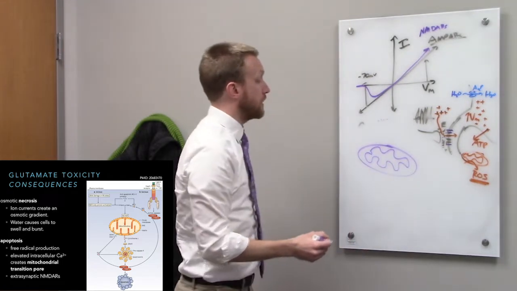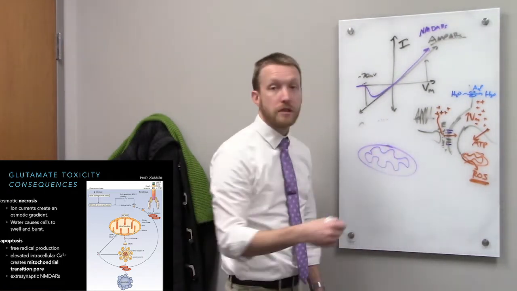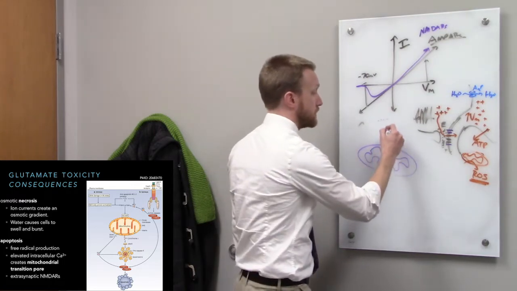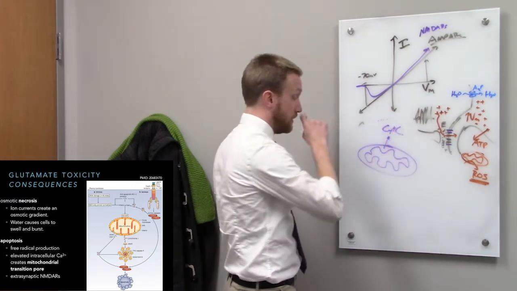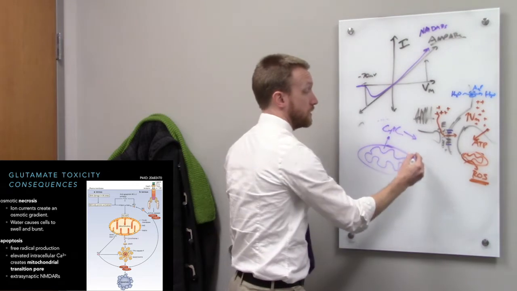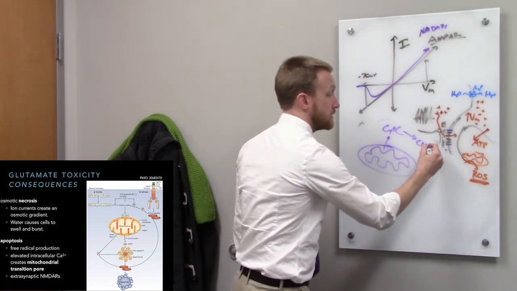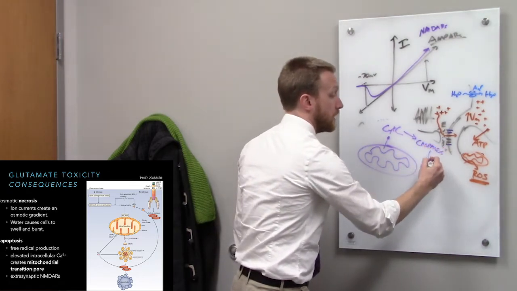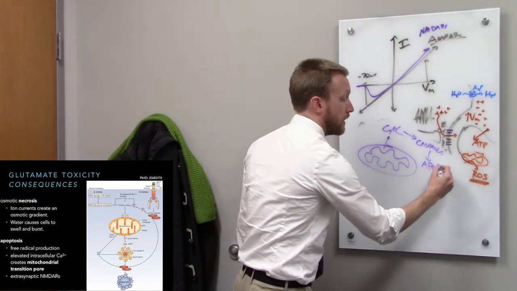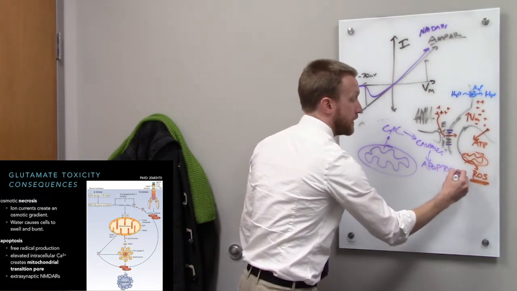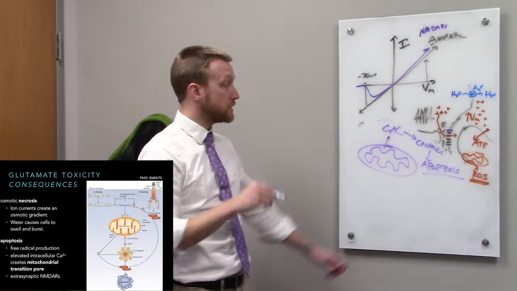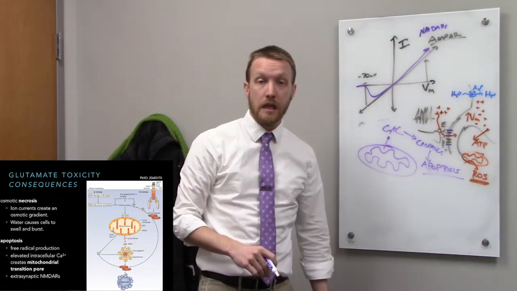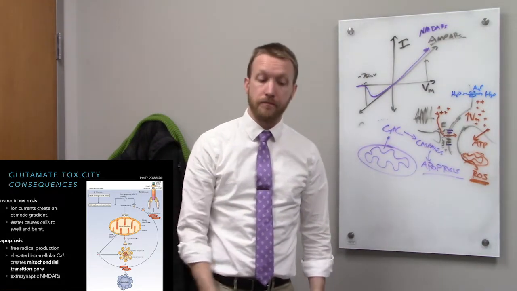The stuff that I'm talking about here would be components of the electron transport chain like cytochrome C. And cytochrome C is going to stimulate caspases. And those caspases are what carry out apoptosis. So it's going to be controlled cell death. But either way, the neuron's gone.